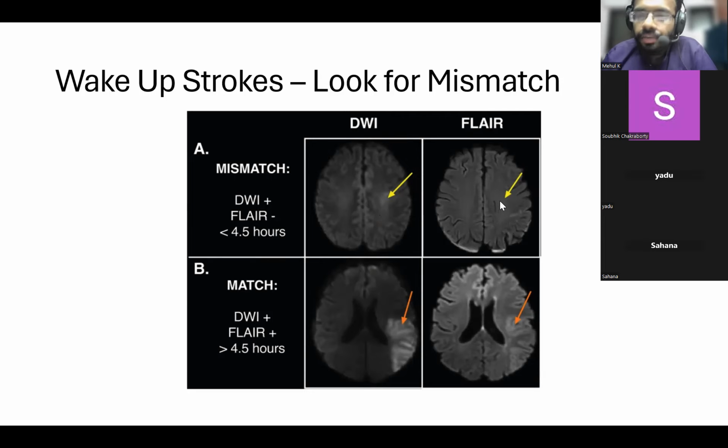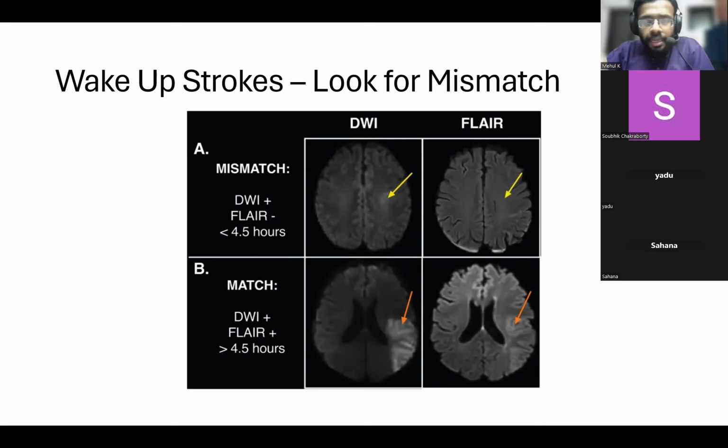If you're not seeing an infarct on FLAIR but you see it on diffusion weighted imaging, that is the best thing for stroke. It will show you the infarct earliest. The other sequences take time. So if you're seeing it on diffusion weighted imaging but not on FLAIR, it means that it is an acute infarct, likely less than 4.5 hours, and it would benefit from thrombolysis. This is why I said that the whole concept of the 4.5 hour cutoff in stroke is actually changing.